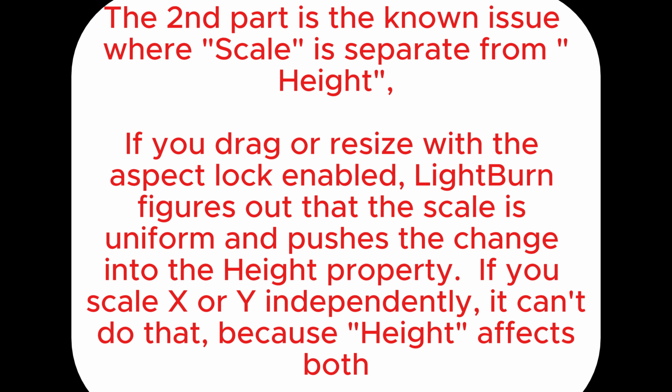This was the email I received back, and it was actually from the support guy along with Jason, the lead designer. Basically what it says here is the second part is a known issue where scale is separate from height. So if you drag or resize with the aspect ratio locked, LightBurn figures out that the scale is uniform and pushes the change into the height property. If you scale X or Y independently, it can't do that because height affects both. So that's what we were seeing when I was putting the 50% in both.